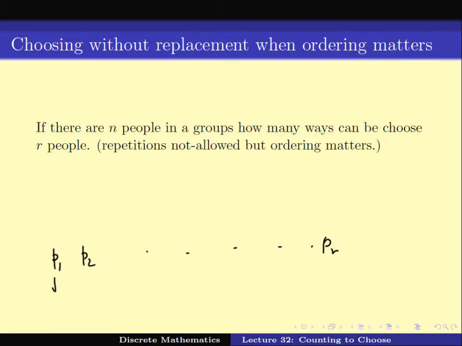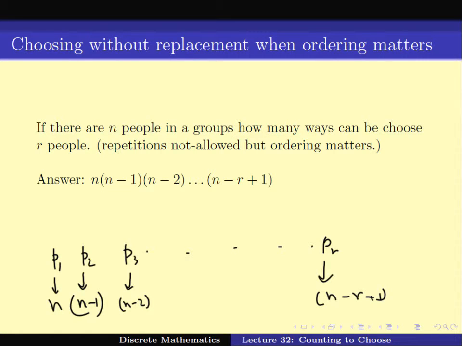The first one I can assign in n ways. The second one I can assign in n-1 ways. The third one in n-2 ways, just like in the constable problem. And the last one will be n-r+1 ways. So the answer would be the product n times n-1, n-2 up to n-r+1, which is by definition n factorial divided by (n-r) factorial.